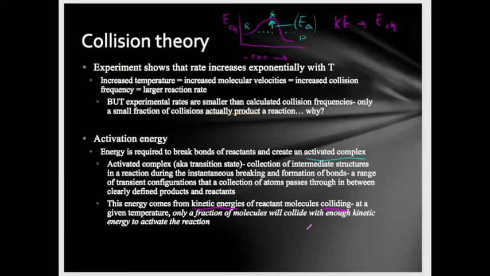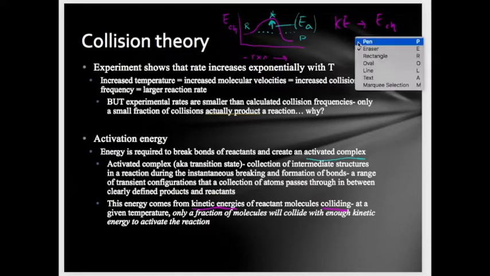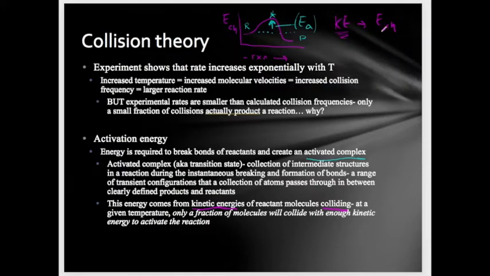Here's a really important idea. At any given temperature, only a fraction of molecules will collide with enough kinetic energy to activate the reaction. In other words, only a small fraction of those molecules will have enough kinetic energy to break the reactant bonds, transform that energy into chemical energy, and form an activated complex up here.